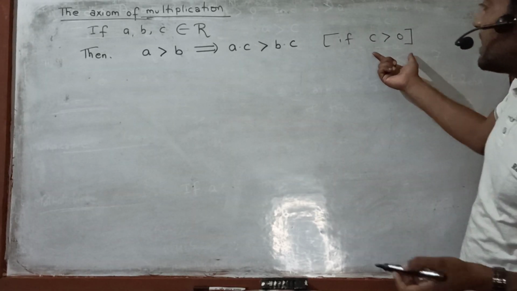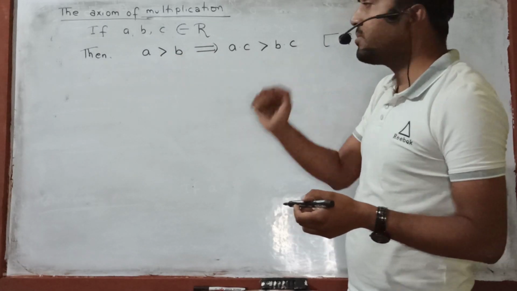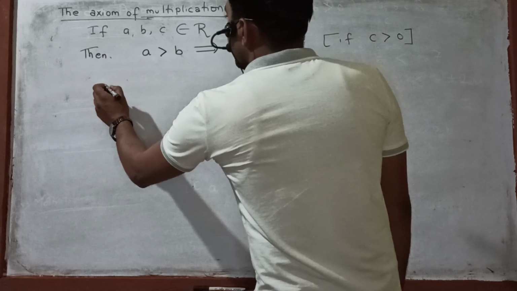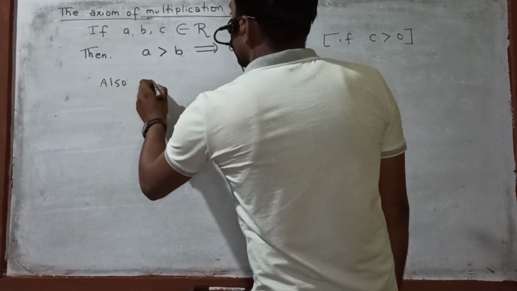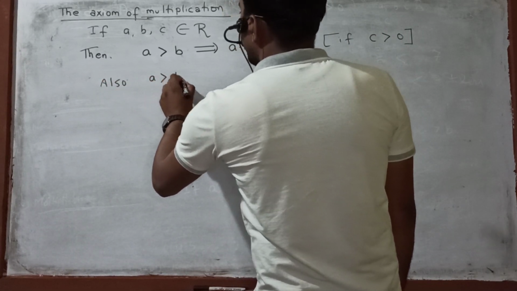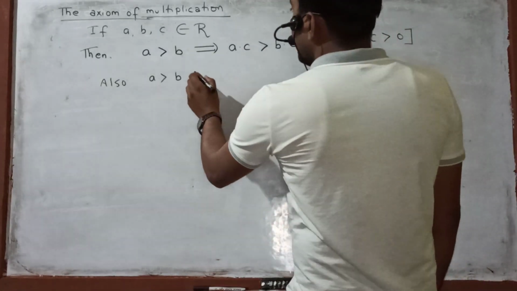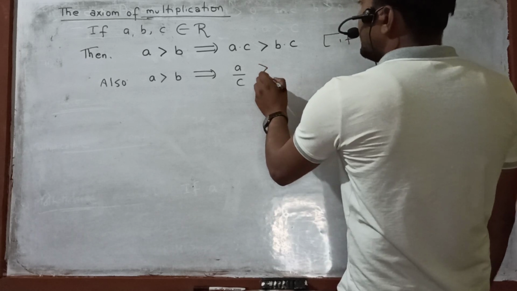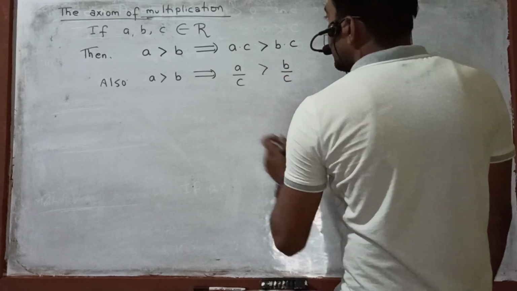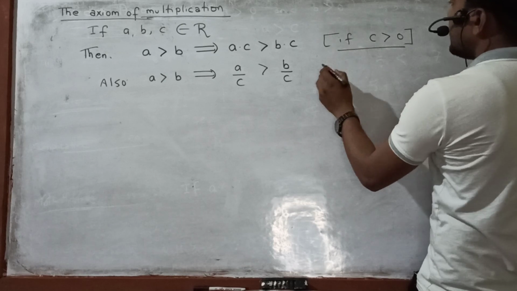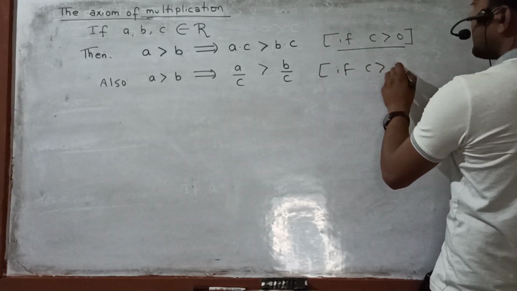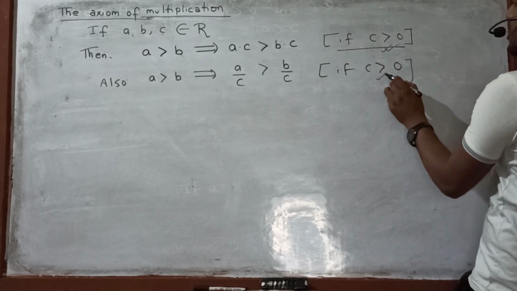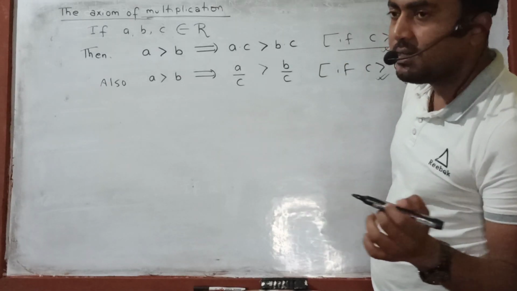Similarly, if a is greater than b, then a upon c will be greater than b upon c. The sign will not be changed in this condition. So if c is greater than 0, please remember this condition. If c is a positive number, then the sign will not be changed.